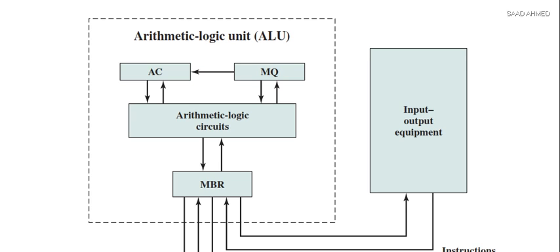So these two are employed to hold temporary operands and results of ALU operations. So the accumulator is going to hold the data before it is transferred to the ALU for processing, and the result produced by the ALU will be stored in the accumulator.